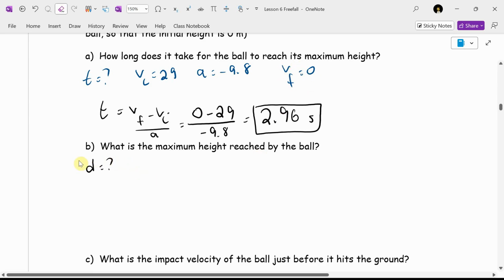I'm looking for an equation, Elijah, that has a D, a VI, an A, and a VF in it. There is one. The squared one. Get the D by itself, please.